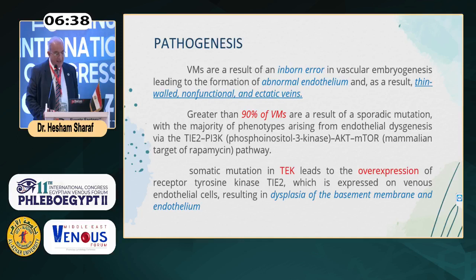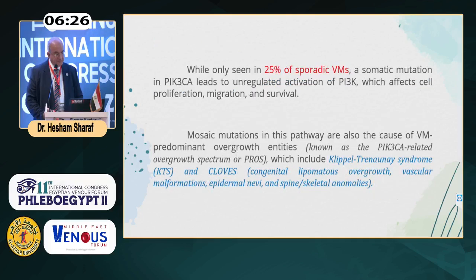Somatic mutation leads to overexpression of receptor tyrosine kinase, which is expressed on venous endothelial cells, resulting in dysplasia of the basement membrane and endothelium.